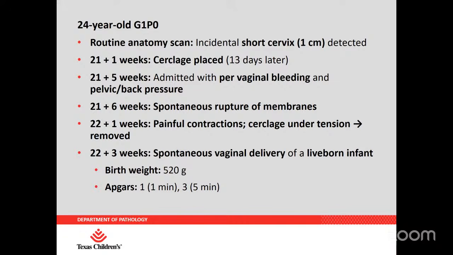And 2 days after that, she started contracting, requiring removal of the cerclage as it was under tension. And then subsequently, she delivered a live-born infant 2 days later at 22 weeks and 3 days gestation. In view of the clinical history and also documentation at the time of delivery of a foul-smelling odour to the liquor, the placenta was sent to pathology.